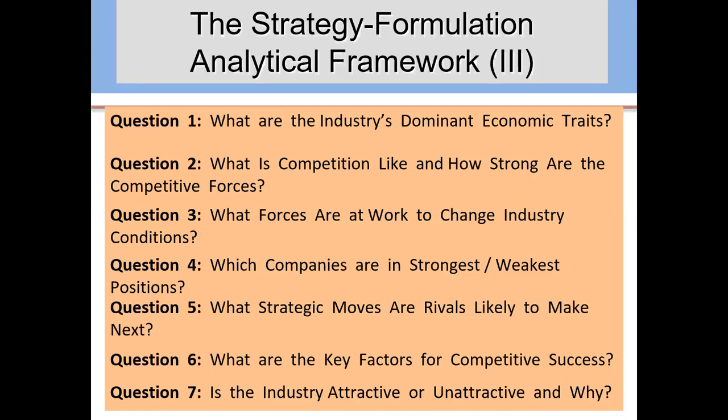The fifth question is what strategic moves are rivals likely to make next? The sixth question is what are the key factors for competitive success? And the seventh question we need to focus upon is is the industry attractive or unattractive and why? Now, these are the 7 questions we need to discuss in detail in the coming slides, which would comprise our discussion about the strategy formulation analytical framework 3 developed by Thompson and Strickland.